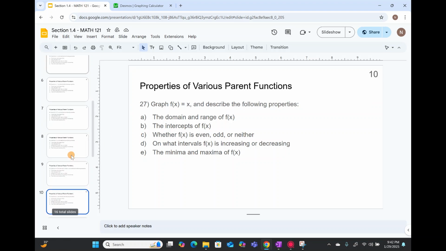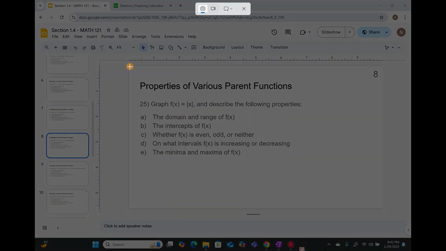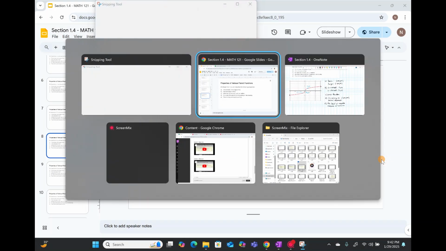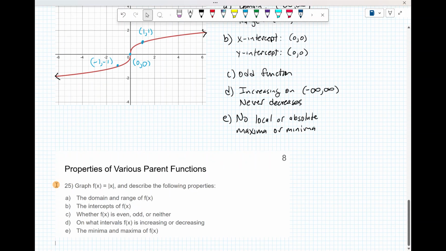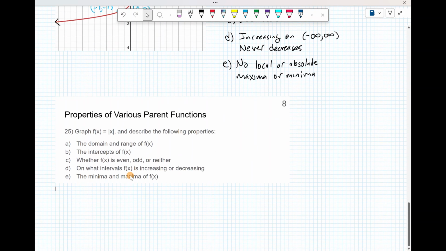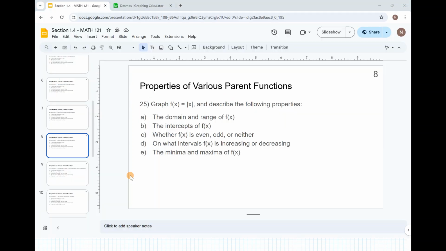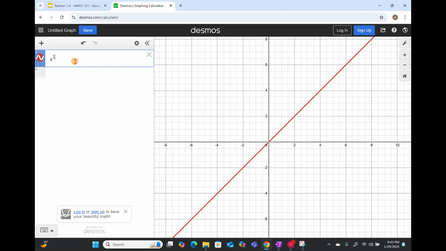All right, let's do the square root of x. I'm sorry, I said square root of x, and I meant to say the absolute value of x. So we'll put that in our calculator. Let's put this here.